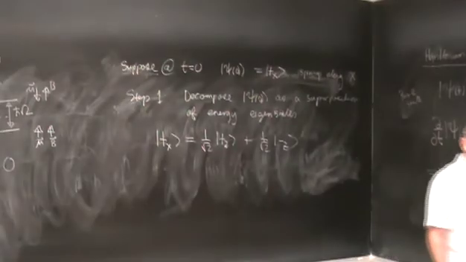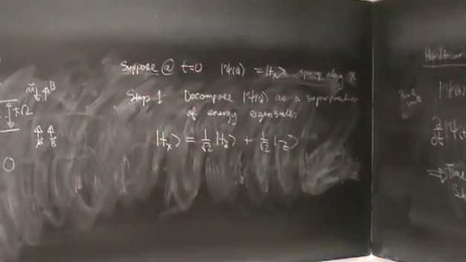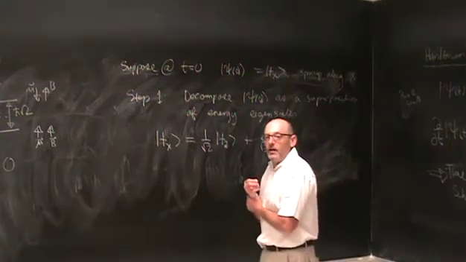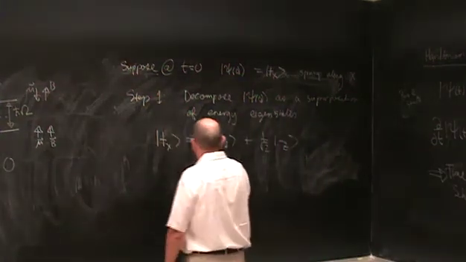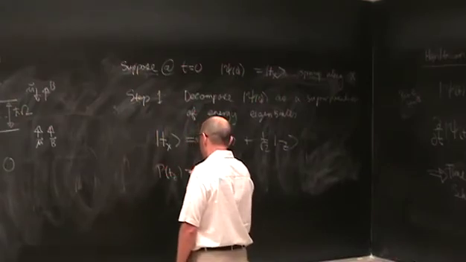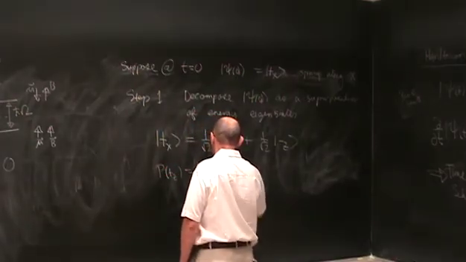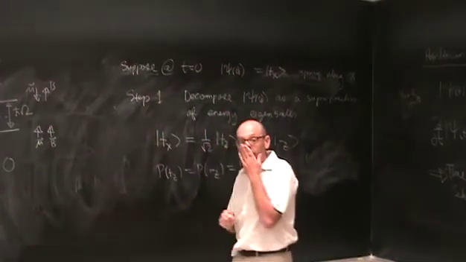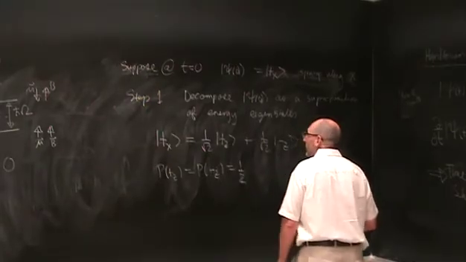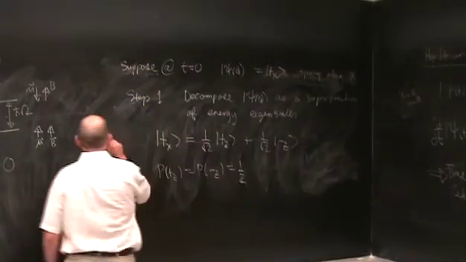Okay, so this is a superposition of spin up along z and spin down along z. Okay, and so initially the probability of spin up along z is equal to the probability of spin down along z, is 1/2.